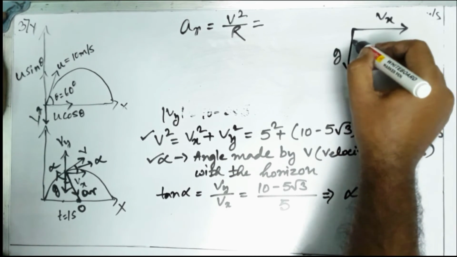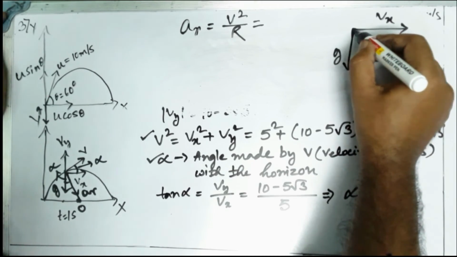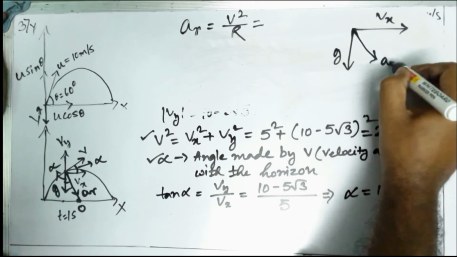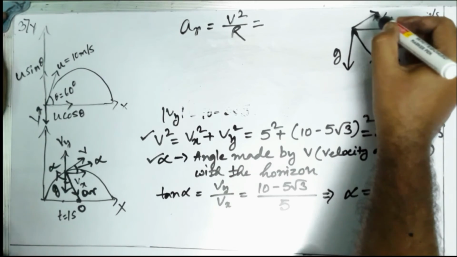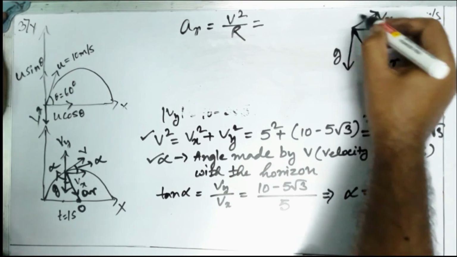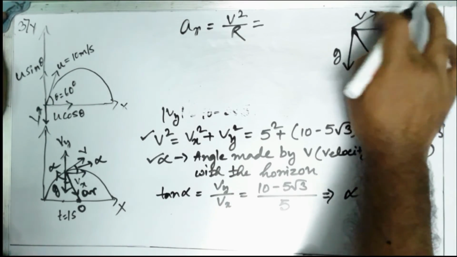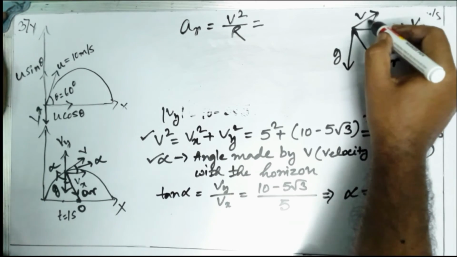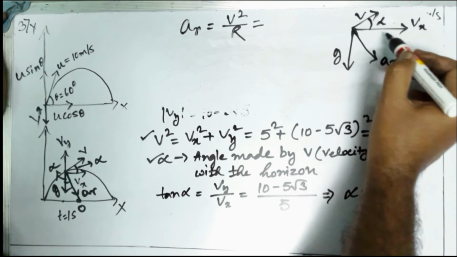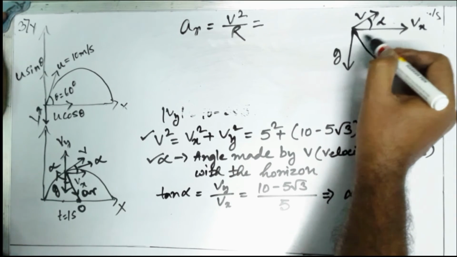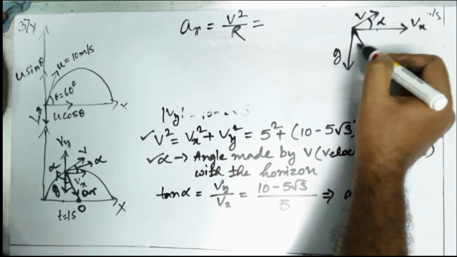The angle between them is 90 degree, and this is our AR, and this is V. This is Vx. This angle is alpha, and the angle between g and Vx is 90 degree.